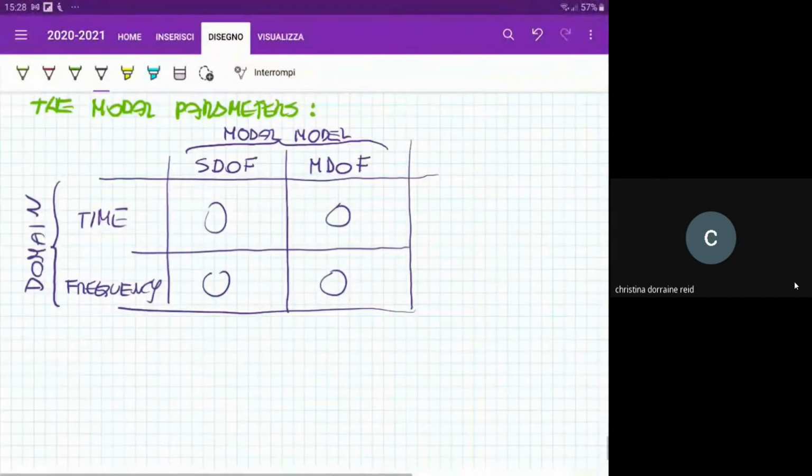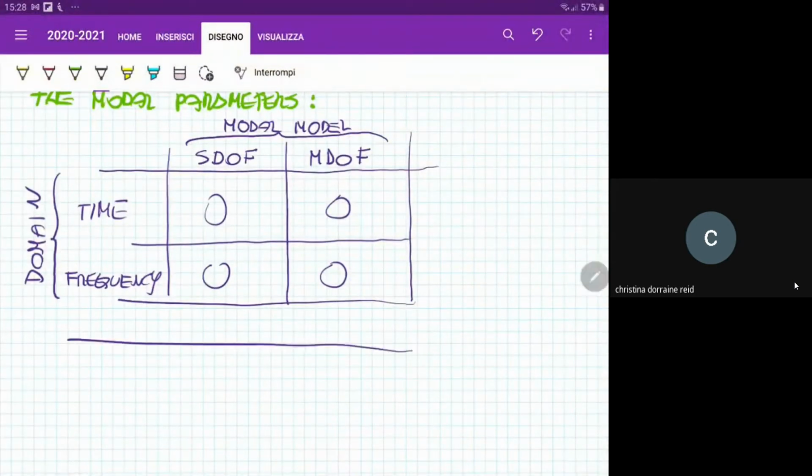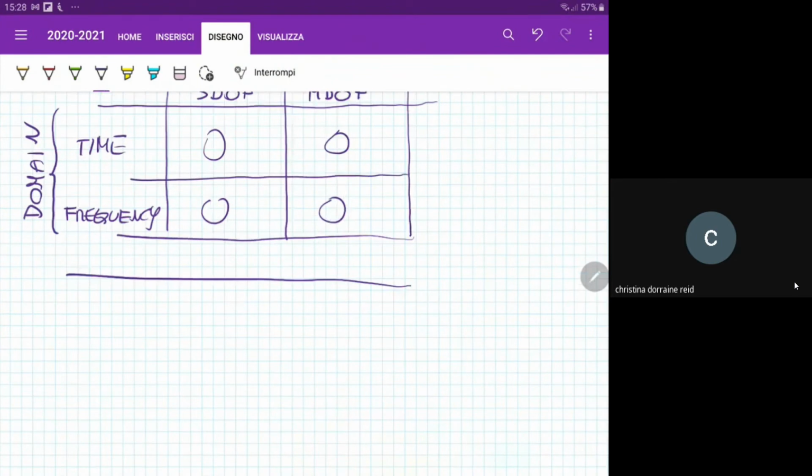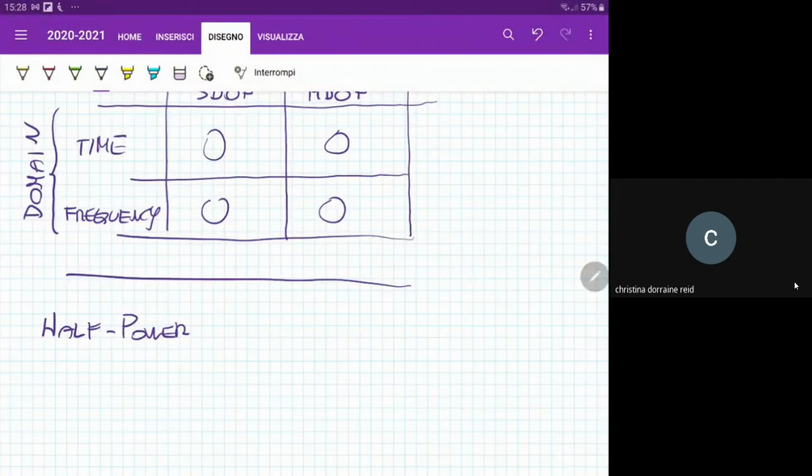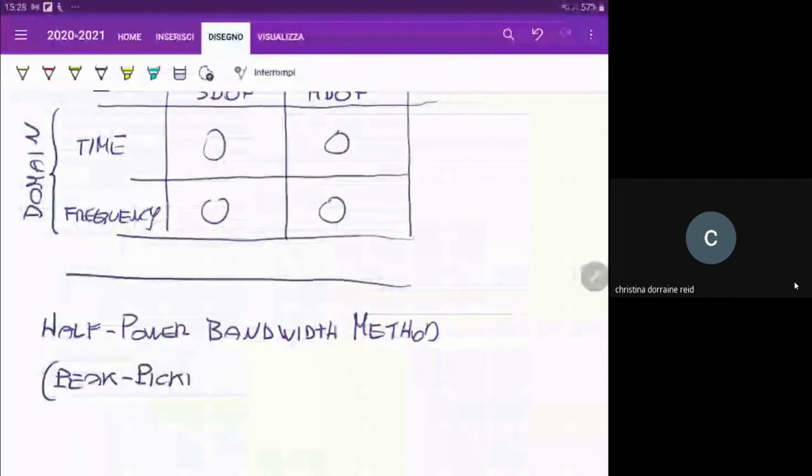So the first approach that we are considering is the one that is called half power bandwidth method, or the peak picking method. Two names for the same approach.